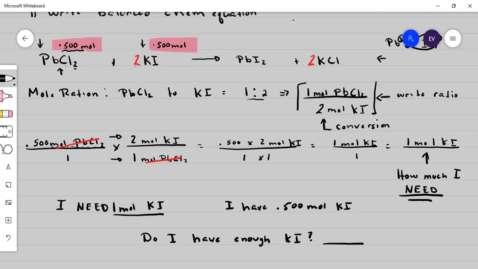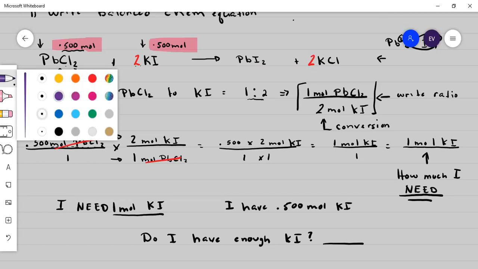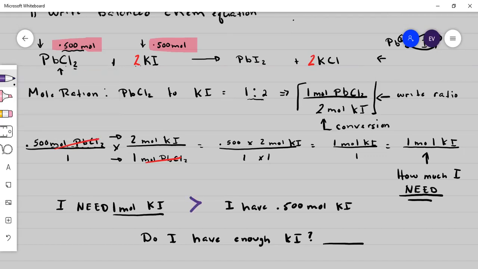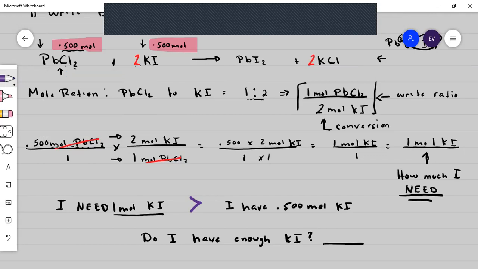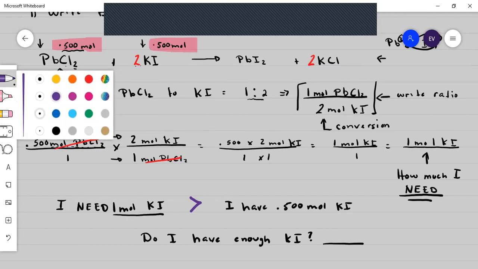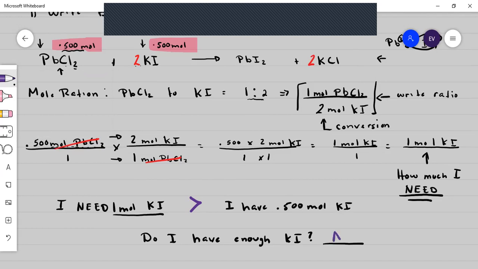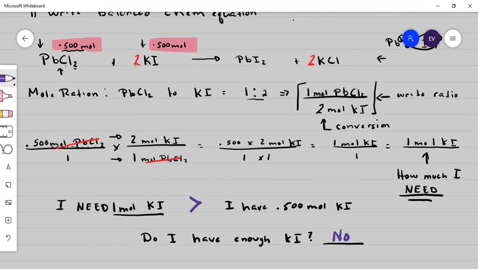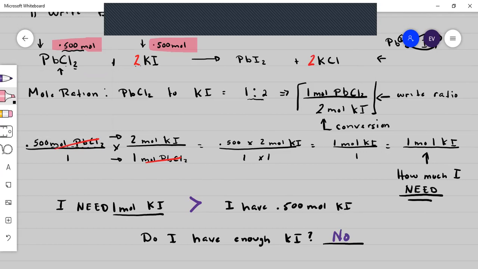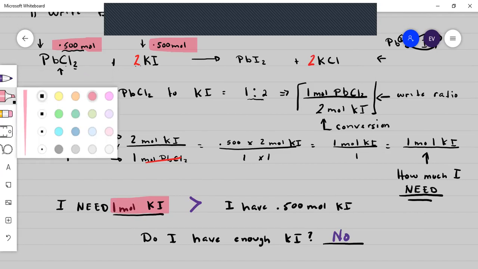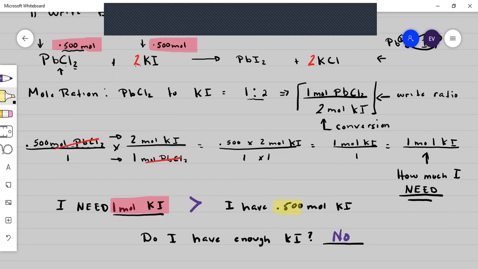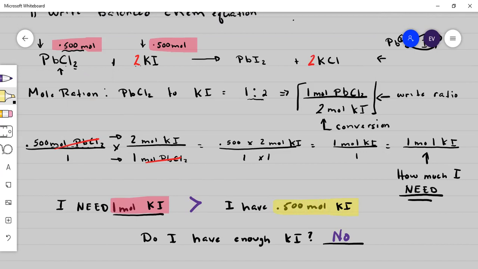The one that's bigger is the need. Since I need more than what I have, do I have enough potassium iodide? The answer is no, I do not have enough, because it's telling me right here that I need 1 mole, but I only have 0.5.